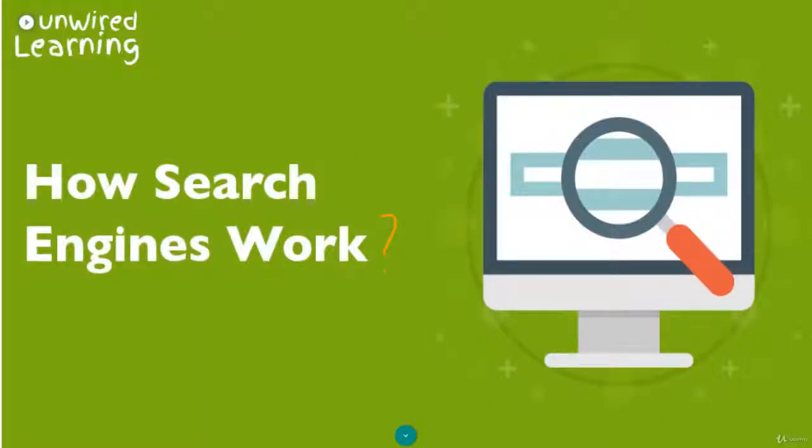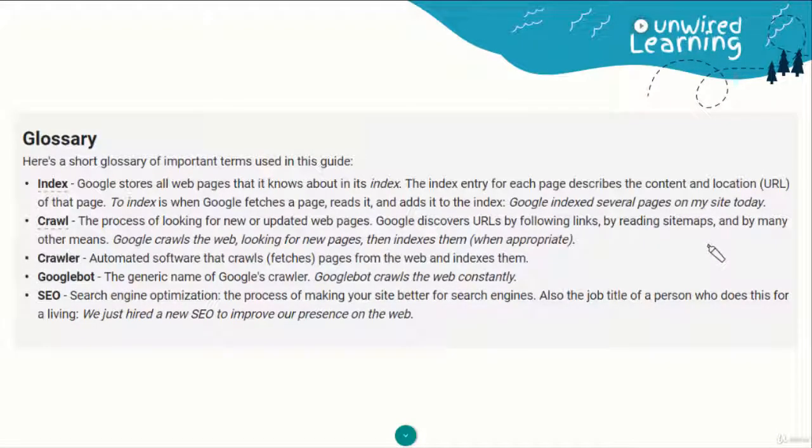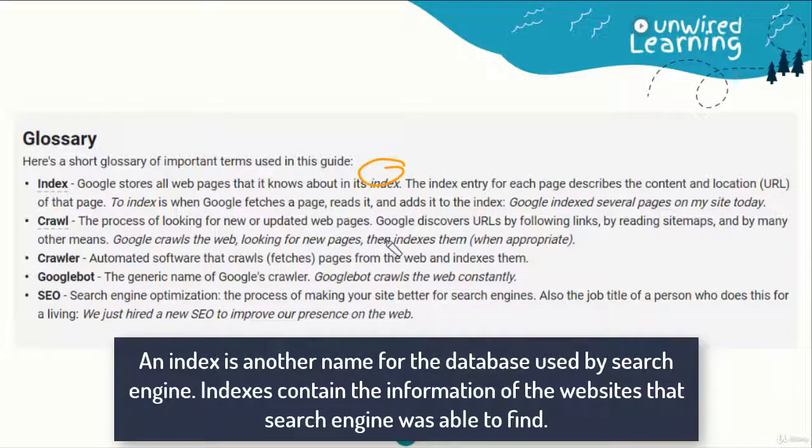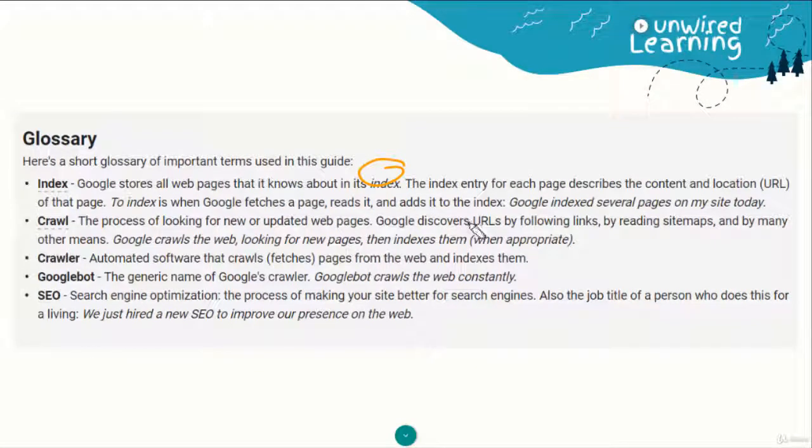Before understanding that, we need to understand these 5 terms: index, crawl, crawler, Googlebot, SEO. First thing, index. Google stores all the web pages that it knows about in its index, that is its database. So the index is actually the Google database in which Google stores all of its pages. The index entry of each page describes the content and location.